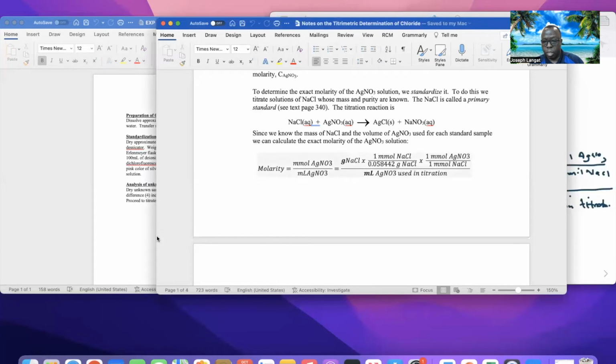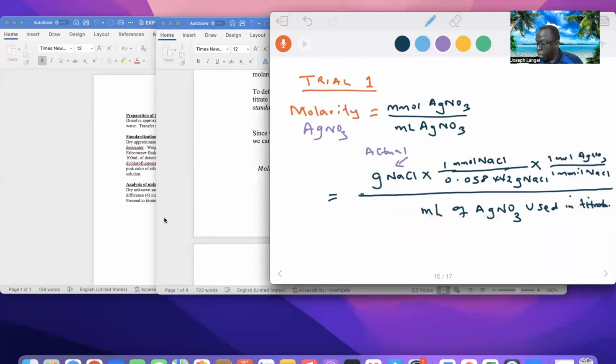It's important to understand that the denominator is the silver nitrate used to titrate the sample to endpoint, and this is actual as well.